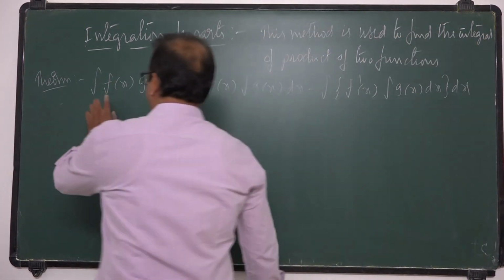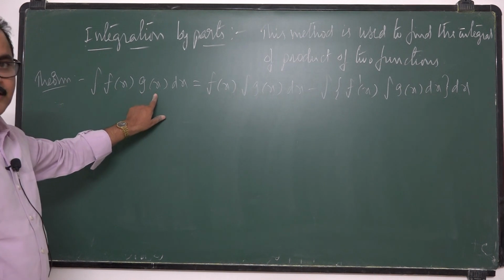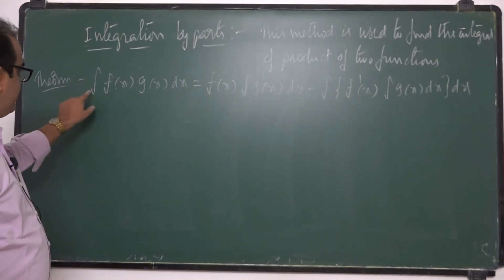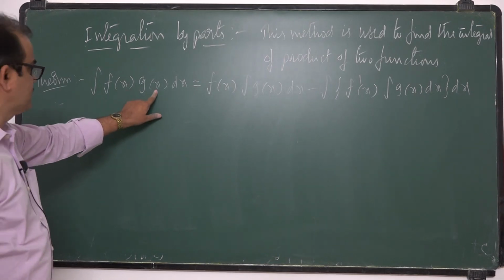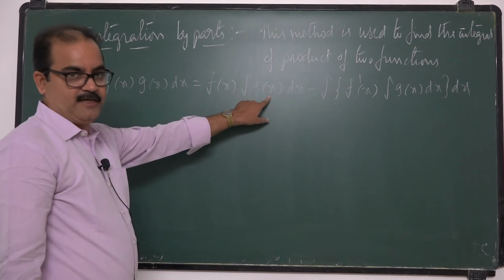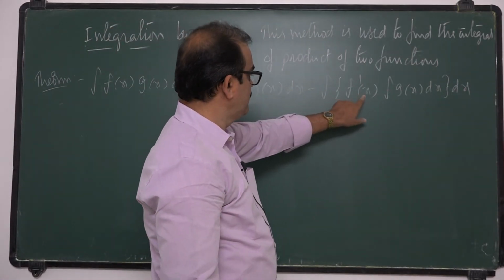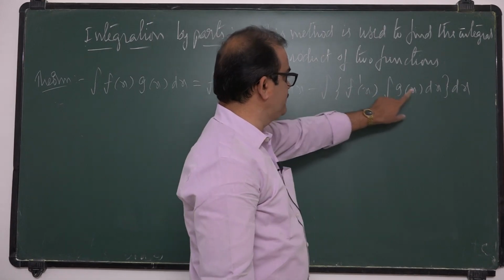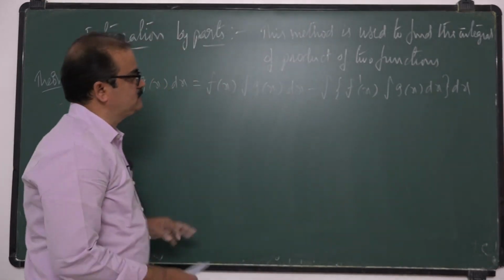You see here, f of x is one function, g of x is another function. Integral of product of two functions f of x and g of x is first function into integral of second function minus integral of derivative of first function into integral of second function. We prove this.